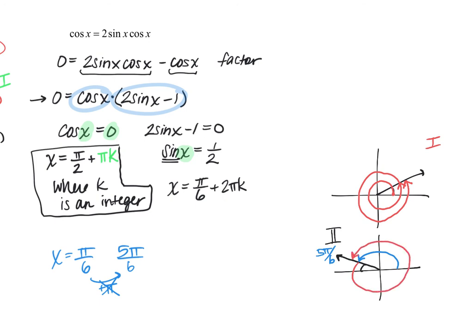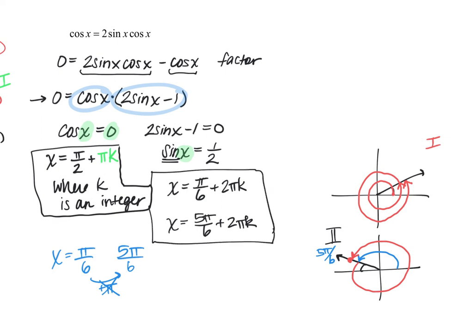That would be adding another 2 pi in order to land at the same place and find that coterminal angle. So my second set of angles is 5 pi 6 plus 2 pi k, where k is an integer. But since I already wrote that once, I don't need to really write that again. So what I have boxed here are the infinite solutions to this trig equation.